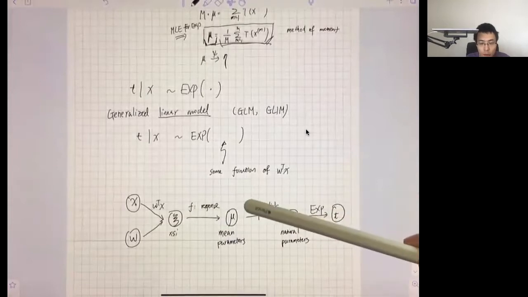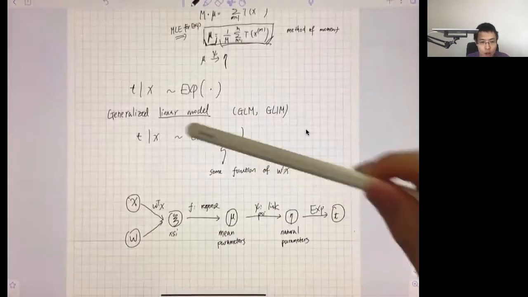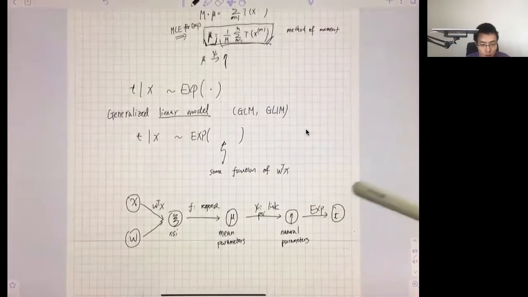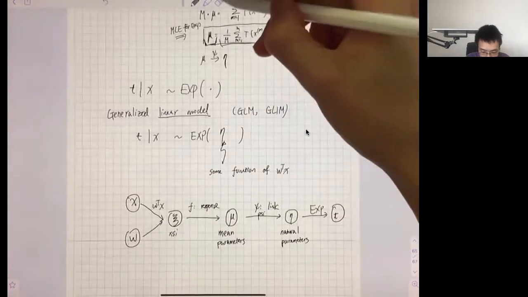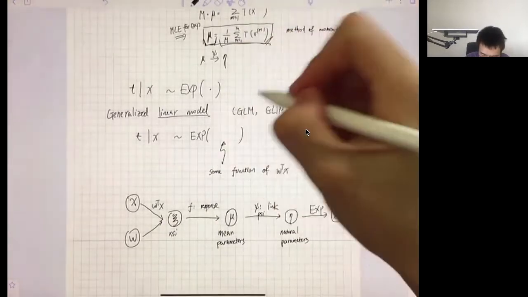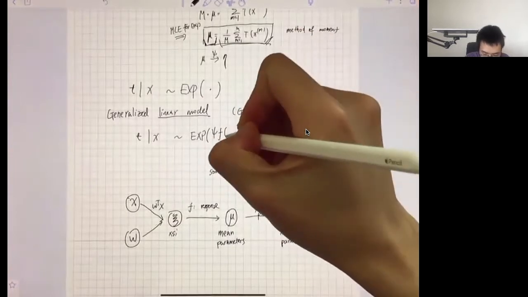And further, I map it to the natural parameter, and eventually I define a conditional distribution on T as the exponential family. So usually we write the natural parameter as eta here. So the eta is actually the psi, the link function of my response function of my W transpose X.